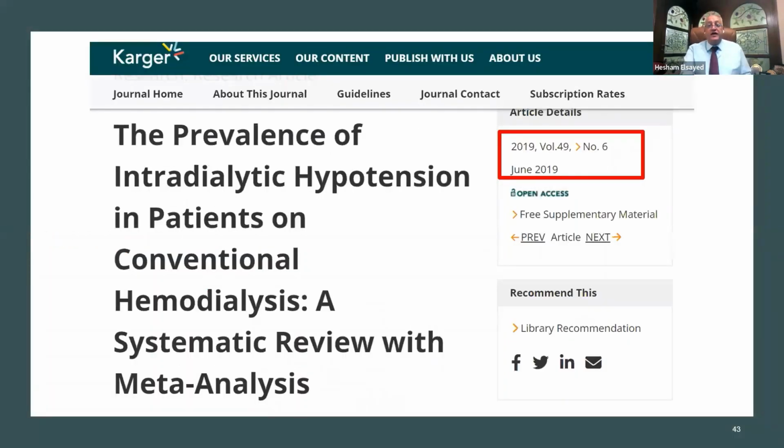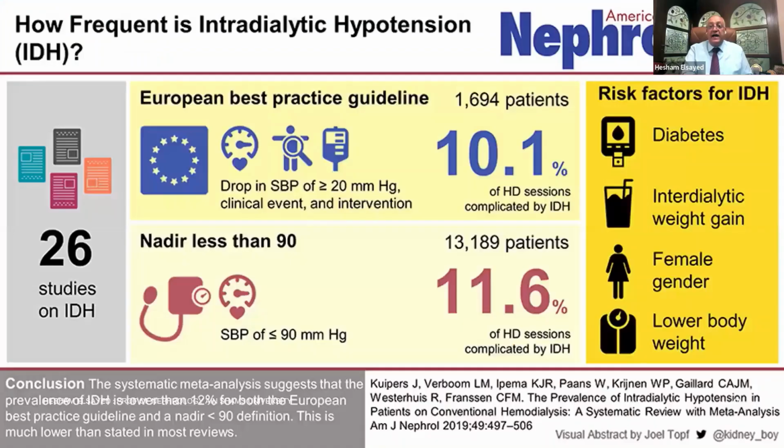The prevalence of intradialytic hypotension in conventional hemodialysis, in a systematic meta-analysis including 26 studies, is around 10 to 20% if we define it by a single nadir below 90.